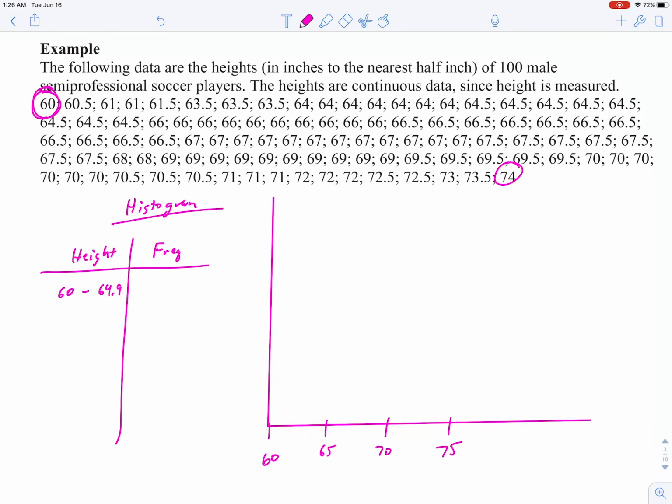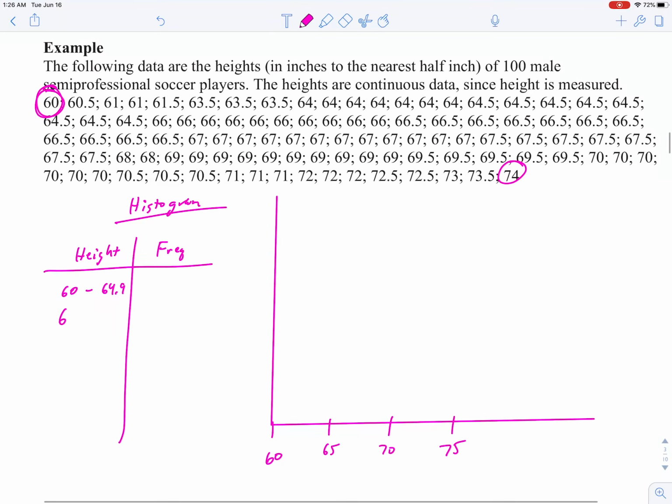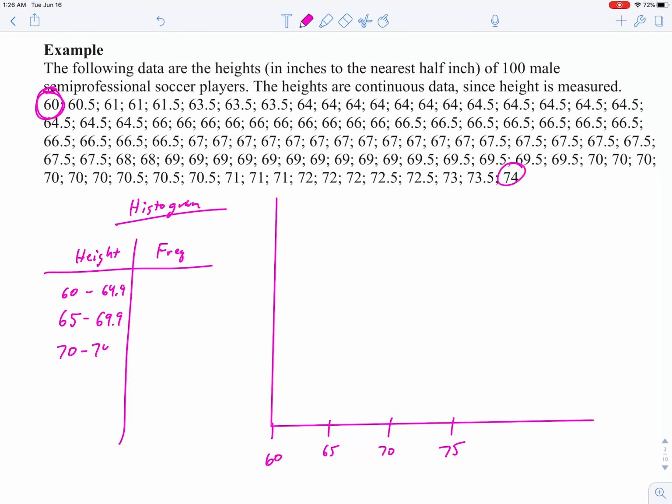What we're actually going to do is 64.9, right? Because we just want to be just below 65. Then we'll do 65 to 69.9, and then 70 to 74.9. So these are groups of basically 5, or the widths are 5 here, approximately, more like 4.9, but that's okay.